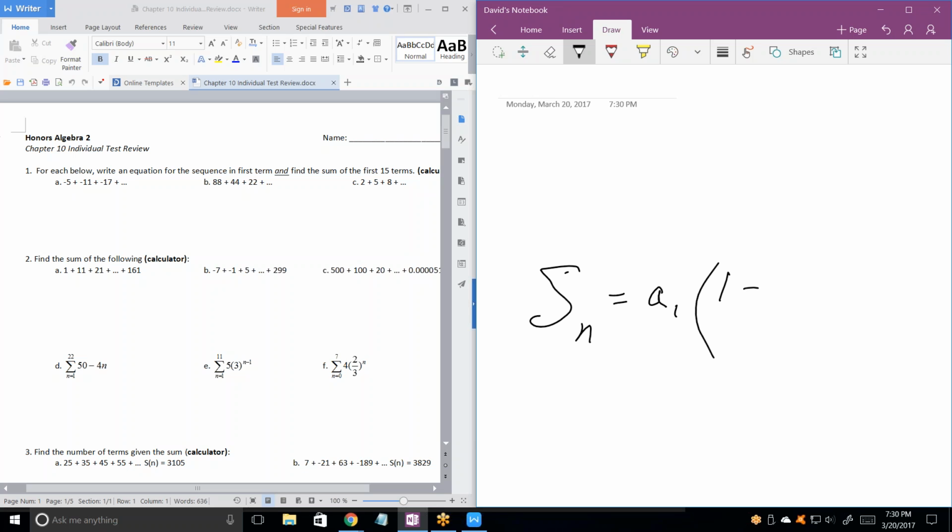Well, the number of 1 minus r. Yeah, well, I'm doing it the r to the n minus 1 way, but it's not just the multiplier. In other words, you can write this either way: r to the nth minus 1 over r minus 1, as long as you do it both that way. But it's not just the multiplier. The multiplier is just r.